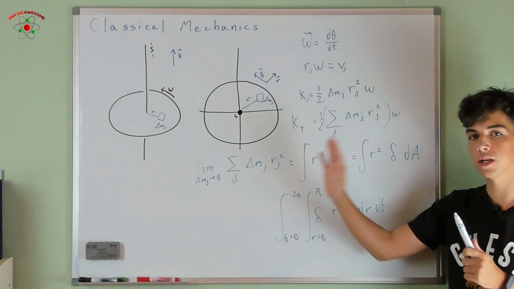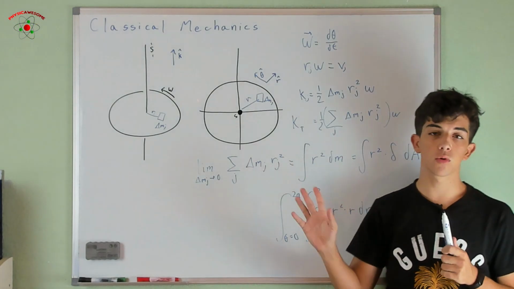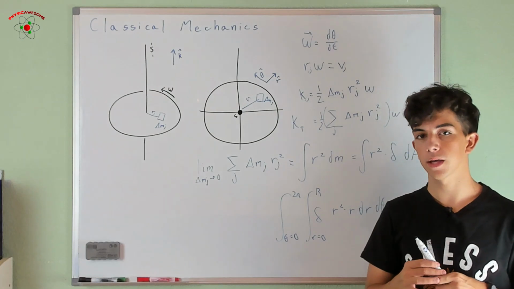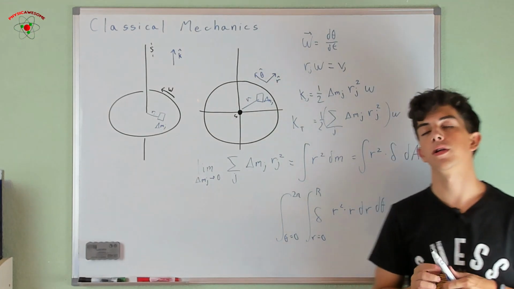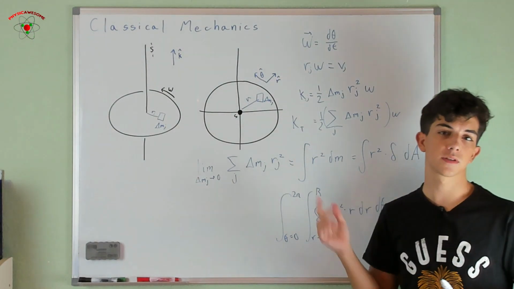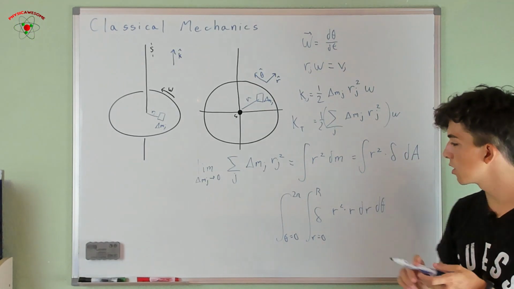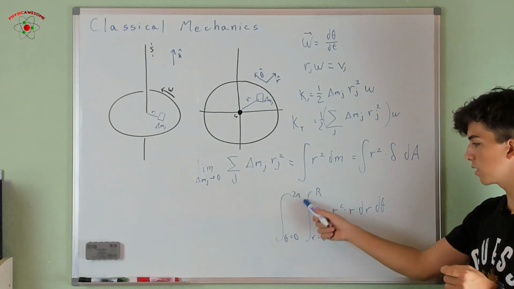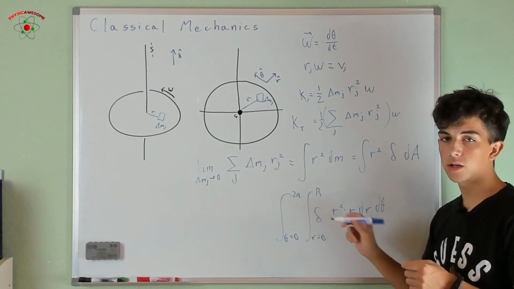Don't worry if you don't yet understand this, because this is multivariable calculus, and in the future I may make some videos about it. So it's only for the curious ones, we're making a double integral, first with dθ, with these limits, and with the dr. They are not related.